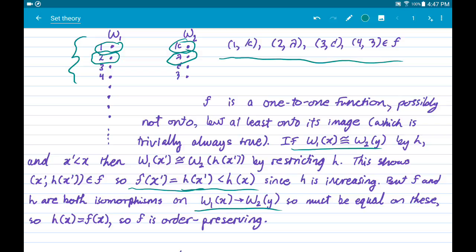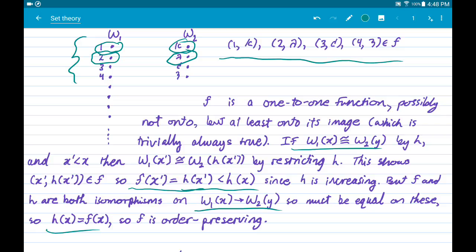We don't know that about f generally, but at least on the initial segments, it's easy to show that f is an isomorphism. We also know from an earlier theorem that isomorphisms are unique on well-ordered sets. So f and h must be the same function when restricted to these sets. That tells us that f of x is equal to h of x.